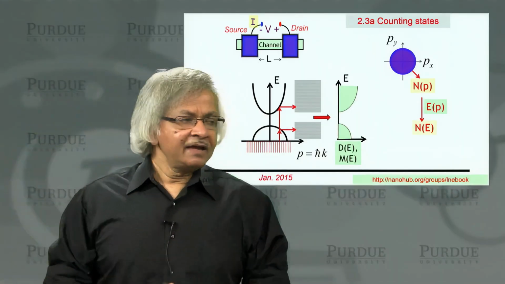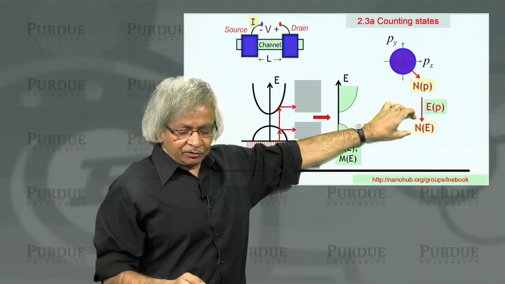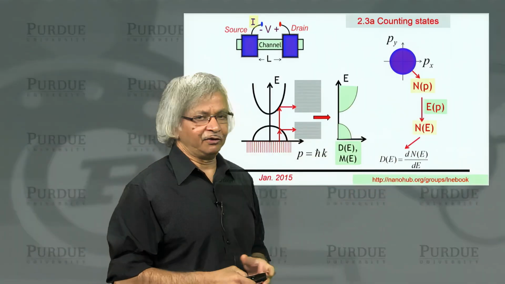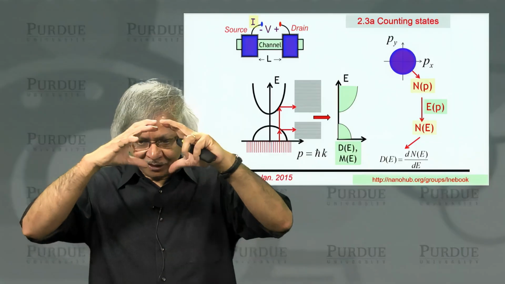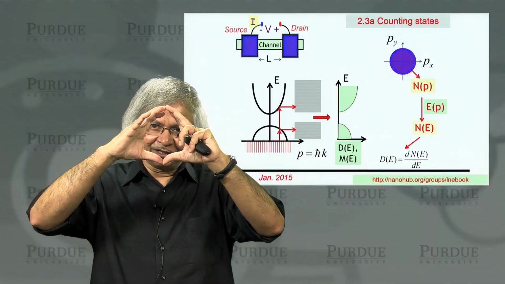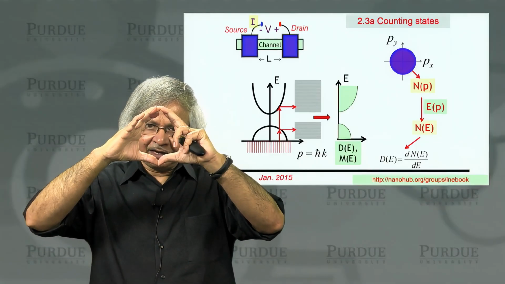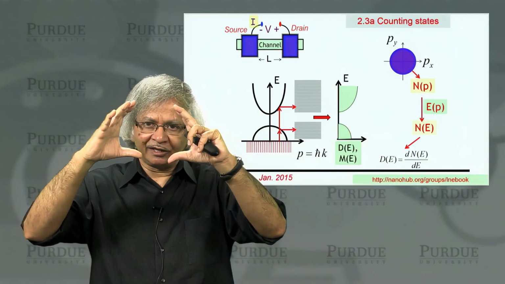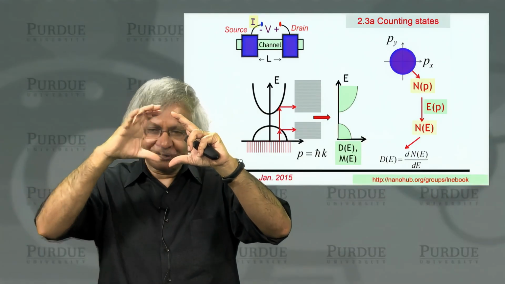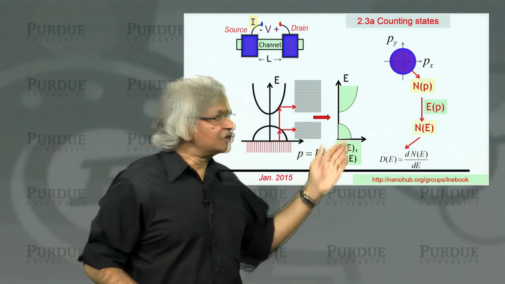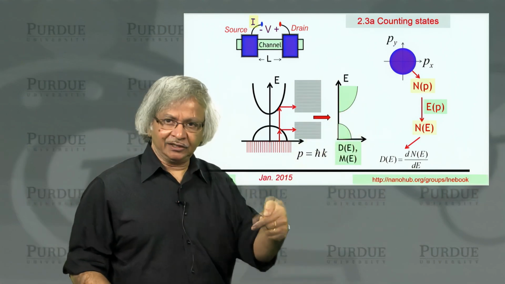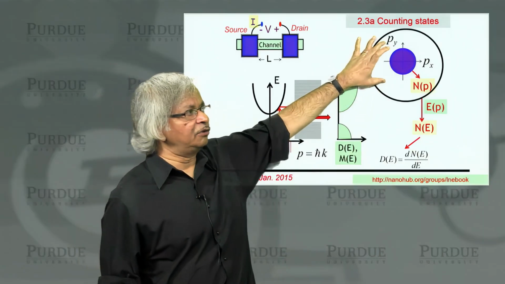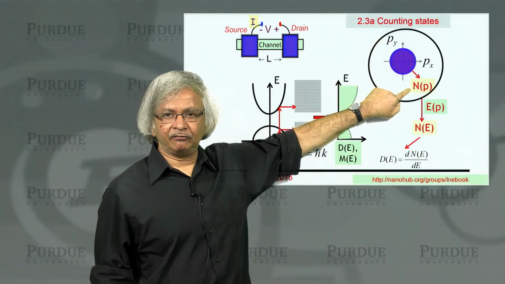From that you can deduce the density of states. It's like the derivative of that, in the sense that n tells you all the states up to a given energy E. Then we ask, if I increase this energy a little bit, how many extra states do I get? That tells you the density of states at that energy. This is what we'll be doing later in the subsequent lectures. Right now, this lecture is entirely about finding that function n of P.